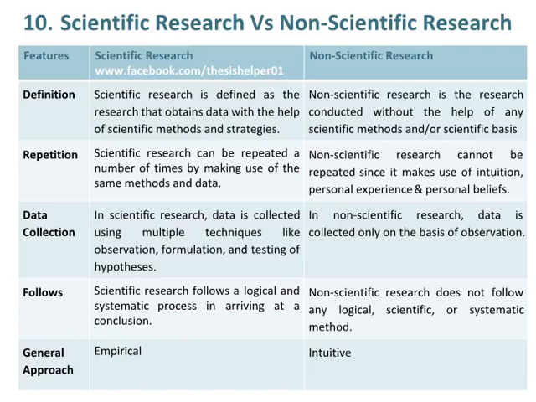Scientific research follows a logical and systematic process in arriving at a conclusion, whereas non-scientific research does not follow any logical, scientific, or systematic method. The general approach in scientific research is empirical, whereas the general approach in non-scientific research is intuitive.